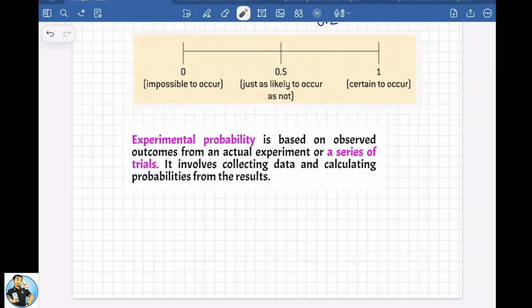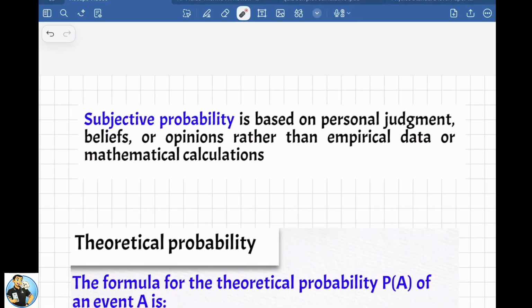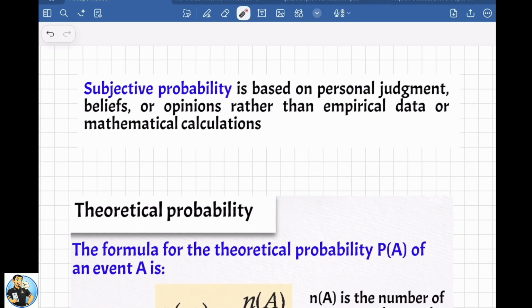Then we are going to talk about three kinds of probabilities. The first one I want to show you is subjective probability. This one is based on opinions, beliefs, personal judgment, or also your knowledge and experience. For example, when you are with your friends talking about the weather, you can use a number between 0 and 1 to say the probability that today is going to rain is 0.3 or 0.6, whatever you want.